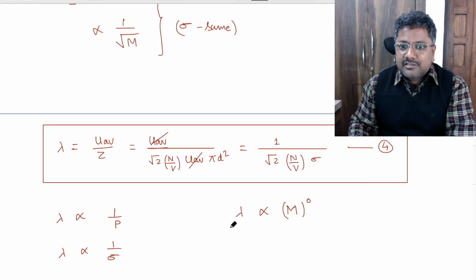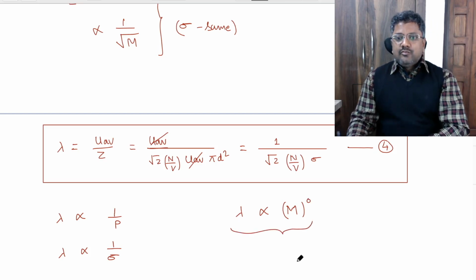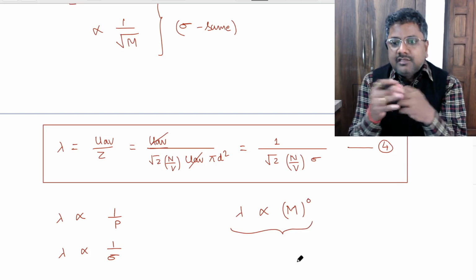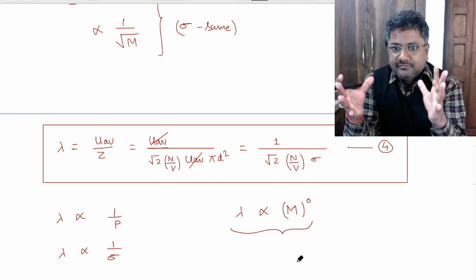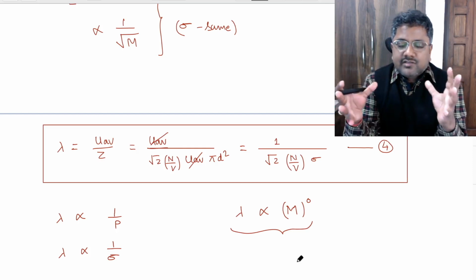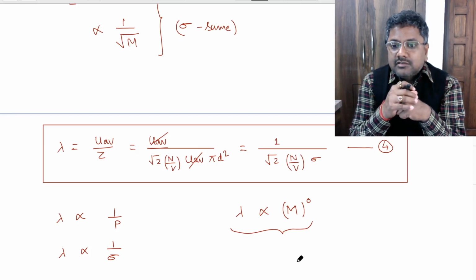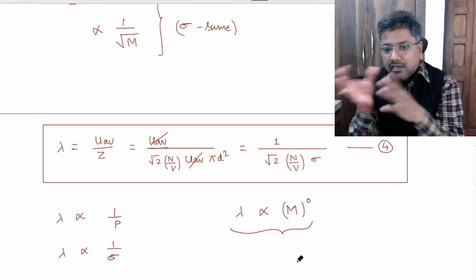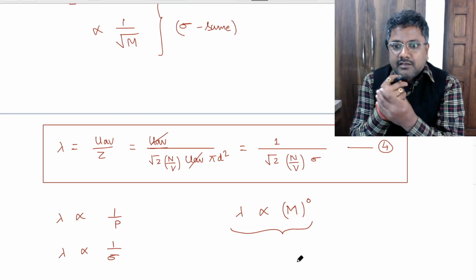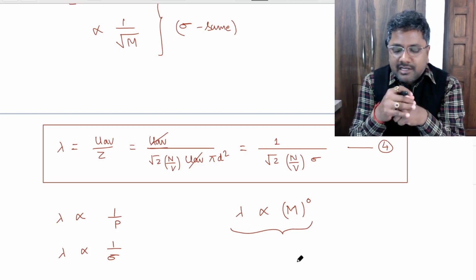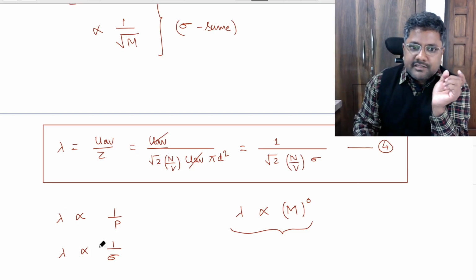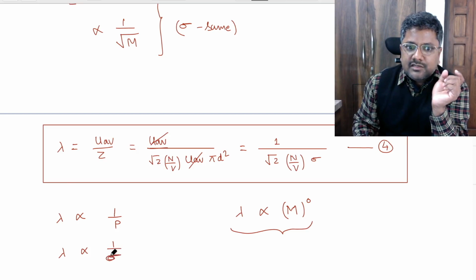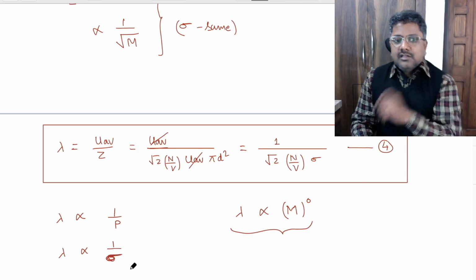This is very important. It will depend on the size, but not on the mass of the gas. How light or how heavy the gas is hardly matters here. It depends on the size, because it is inversely proportional to the collision cross section, meaning collision diameter, right?